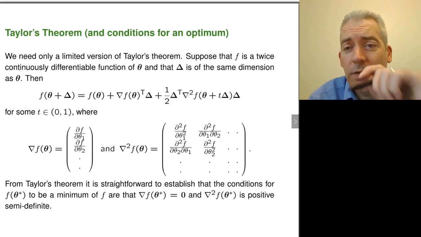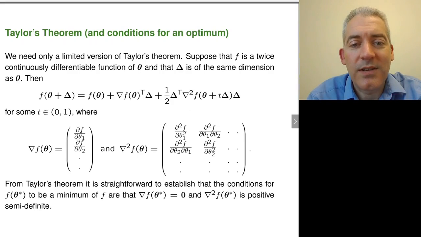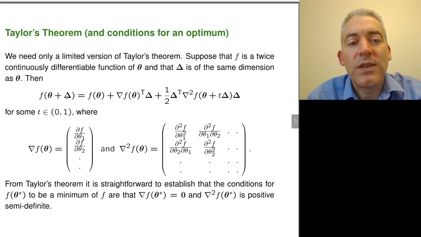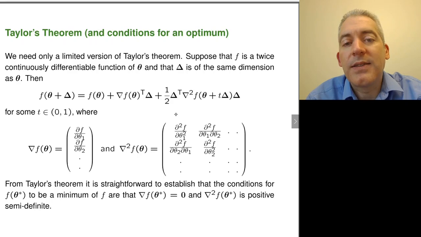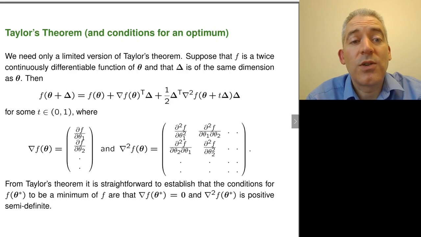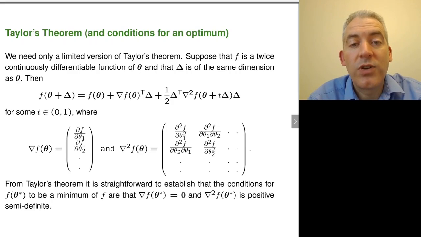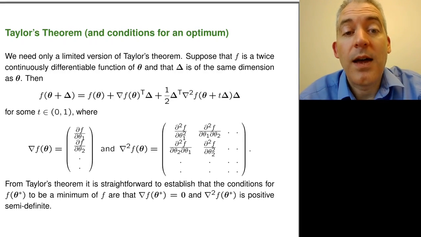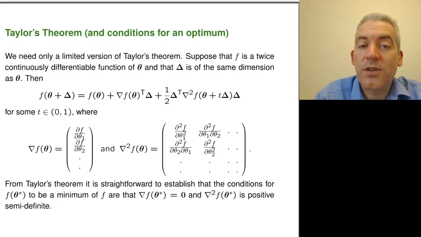If you recall from your real analysis courses, you can write the error for Taylor's theorem in various different ways. This is written in Lagrange's form, so this is a first order Taylor series approximation plus a second order error term. And this is exact equality here. This isn't approximate at this stage. There are various ways we can make it approximate. We could make it approximate by ignoring the second term, which would then just give us a first order approximation.